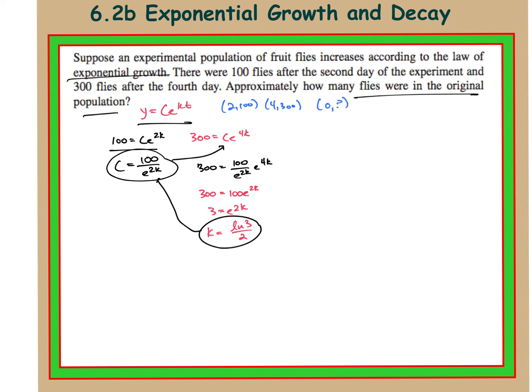So we actually end up with C equals 33.3 repeating. However, to make sense of the problem, how many flies were in the original population, can I actually get that? No. So how many flies can we say? 33 or 34. Honestly, it depends on how we look at that problem. Pretty good? All right, let's keep moving.